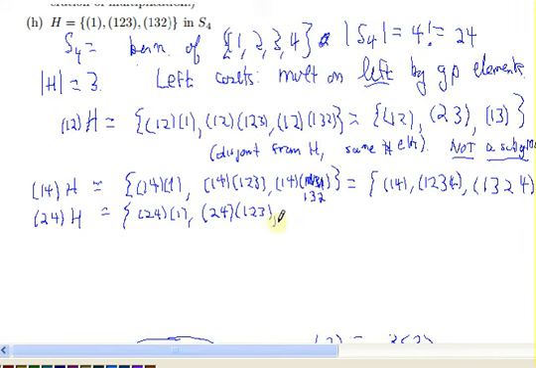And then we'll have (2 4) times (1 3 2). And that will give us (2 4). And then let's see the next one. 1 goes to 2, 2 goes to 4, so that's giving me (1 4). 4 goes to 2. 2 goes to 3. And 3 goes to 1. Okay, so we have (1 4 2 3).